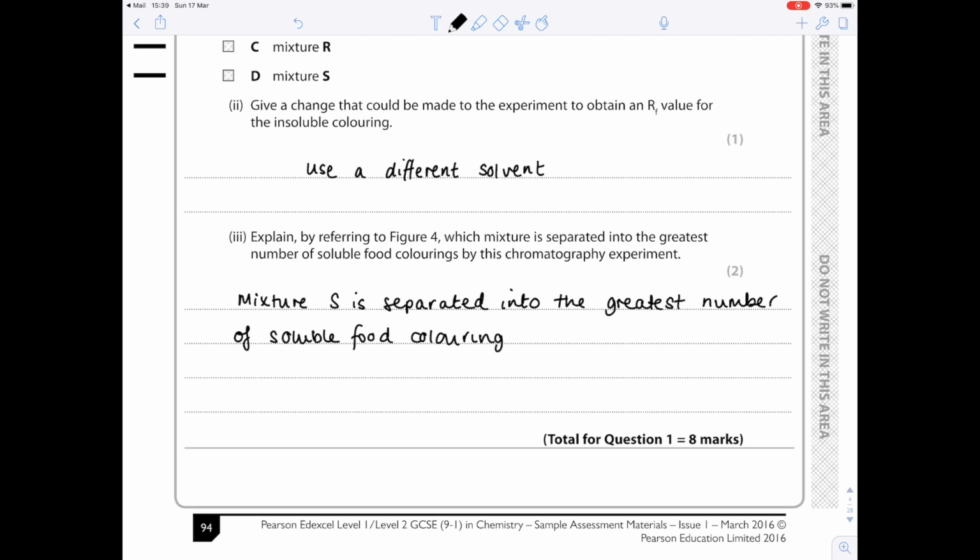Why? Because we need to give an explanation, because it gives the greatest number of spots.